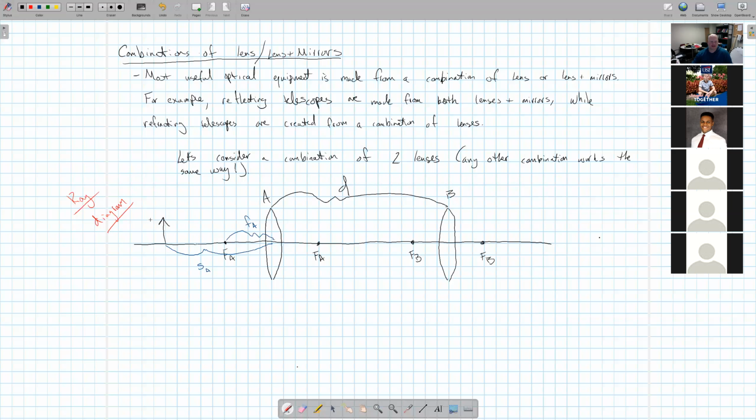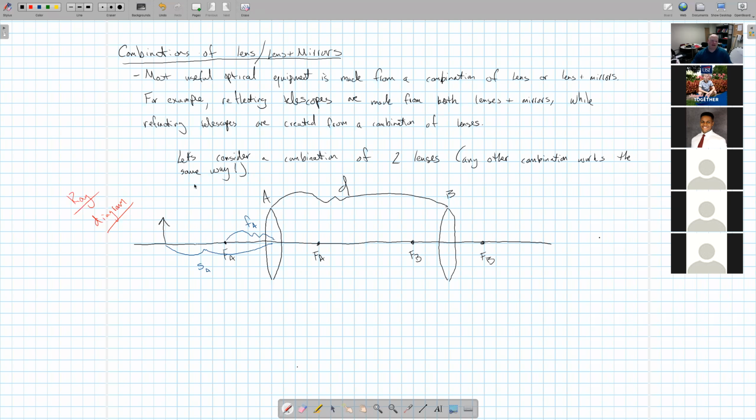Here, I'm going to draw my ray diagram only for lens A, ignoring the fact that lens B even exists. Then, the image created by lens A will become the object for lens B, and then I'm going to draw my ray diagram for lens B, ignoring the fact that lens A even exists, okay?